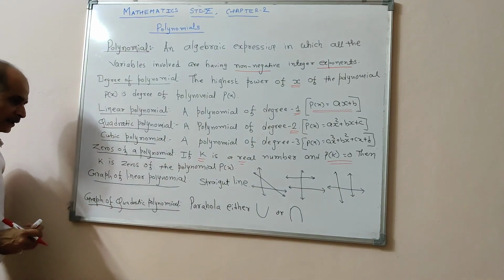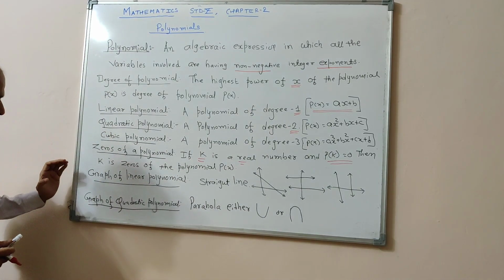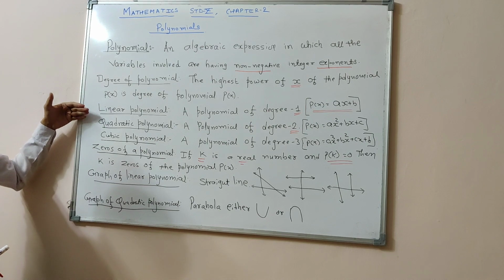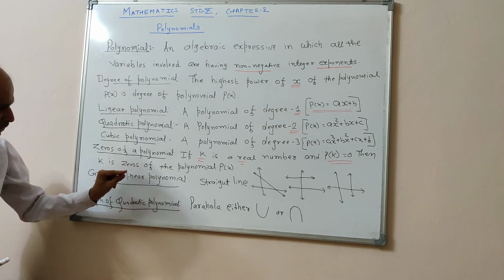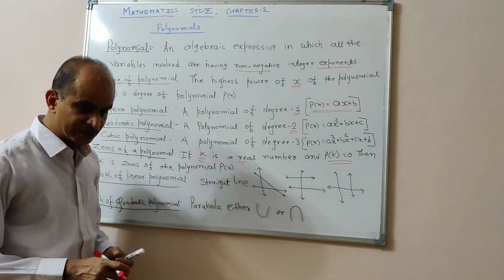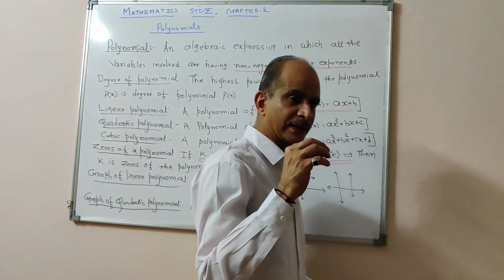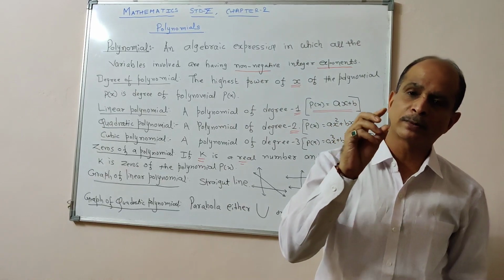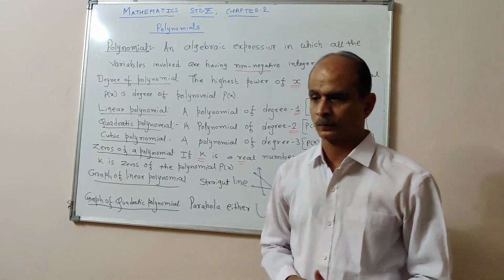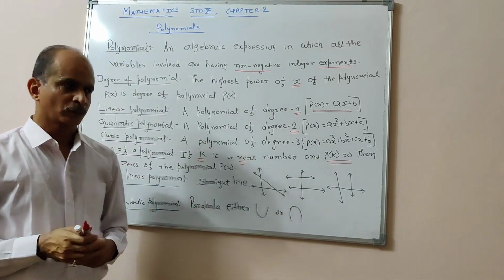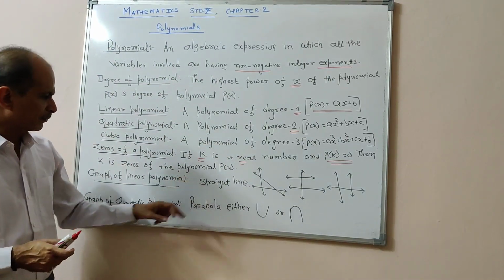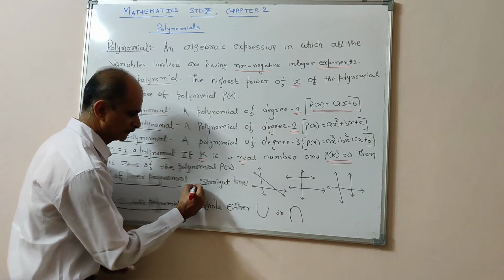Well, now let us try to understand the nature of the graph of different types of polynomial. The first one, that is graph of a linear polynomial. It is a linear polynomial, and that's why the degree of this polynomial is 1. If you draw the graph of this polynomial, you get a straight line.